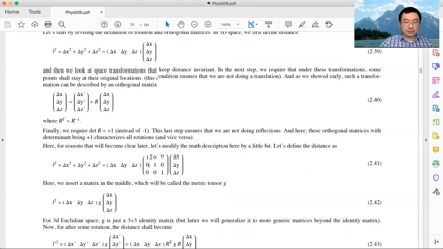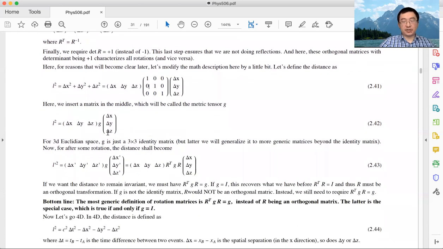Okay, so now let's look at rotations in the presence of this metric tensor. If we put the metric tensor here in the middle, it doesn't do anything. We can still do the rotation. After rotation, x, y, z become x prime, y prime, z prime.